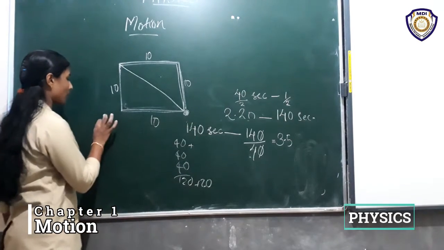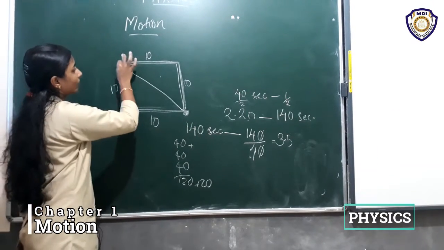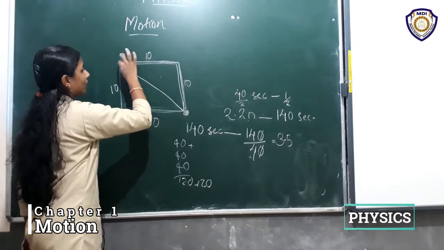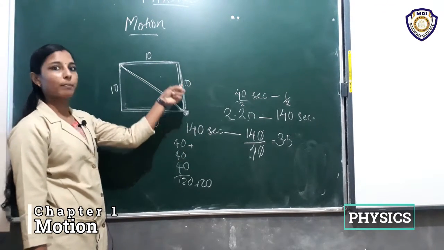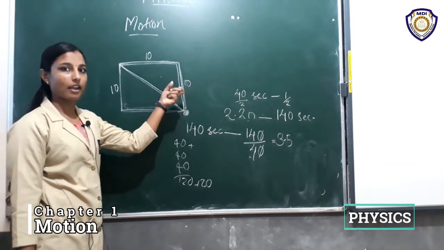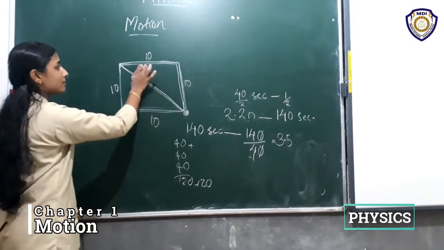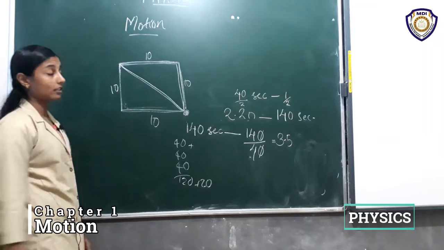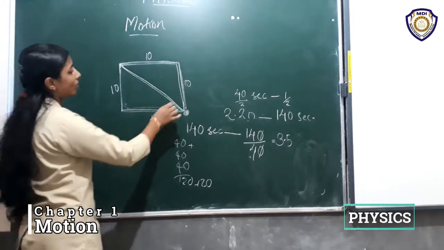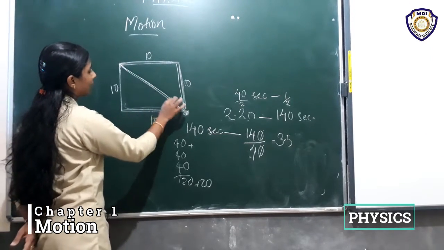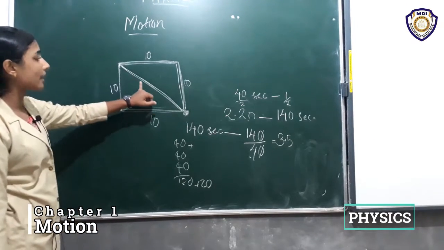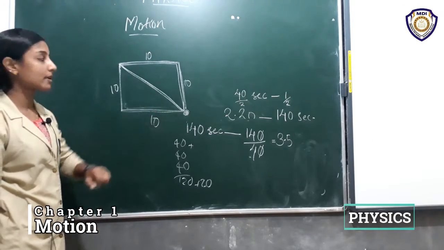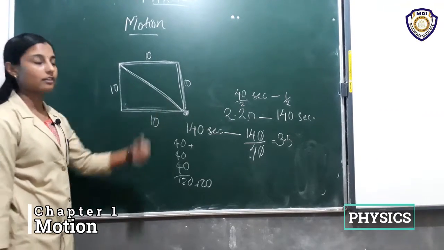What is Pythagoras theorem? The hypotenuse square is equal to base square plus altitude square, right? Perpendicular square plus base square gives the hypotenuse square. So what will be this diagonal?